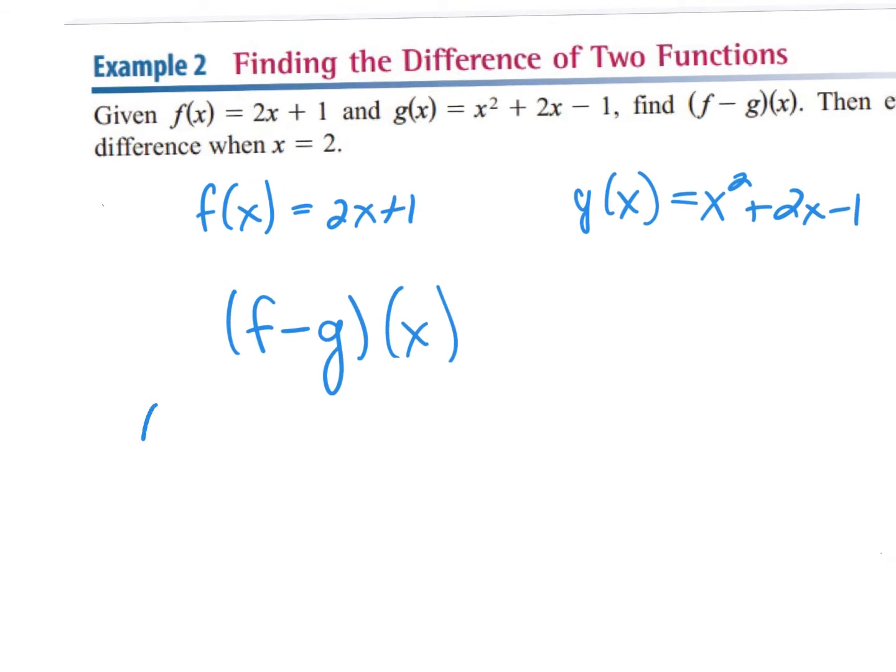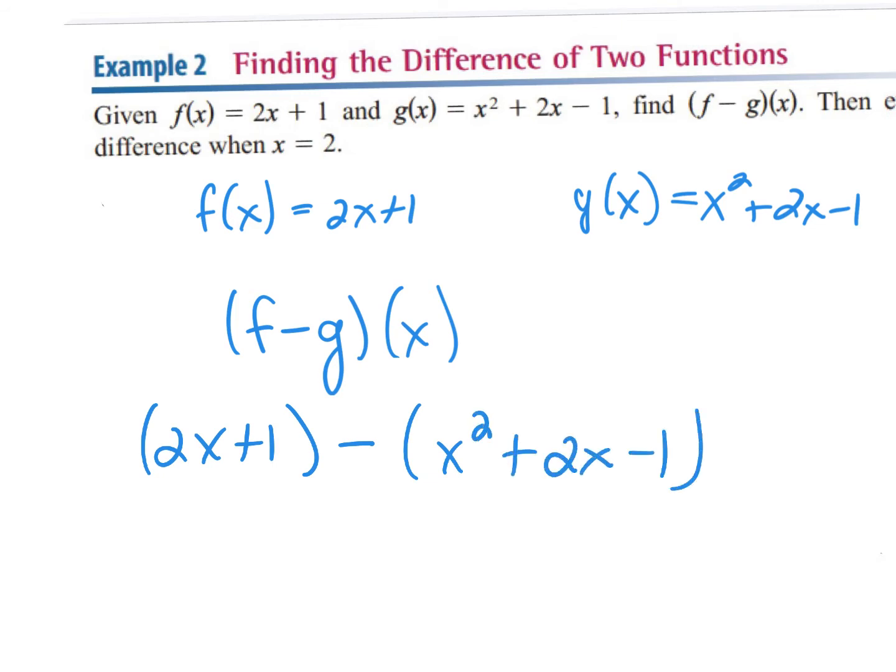I have my f function, which is 2x plus 1, minus my g function, which is x squared plus 2x minus 1. I can't just combine like terms now because I have a negative sign right here, and I have to remember to distribute that to everything in that second parenthesis.